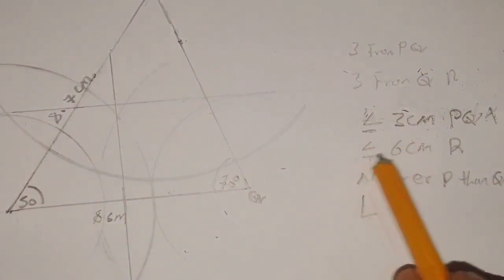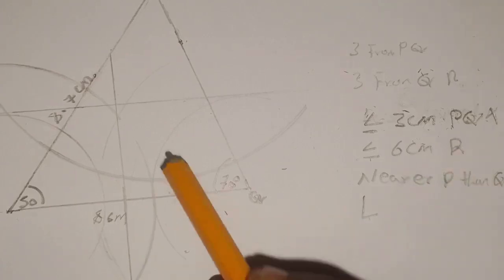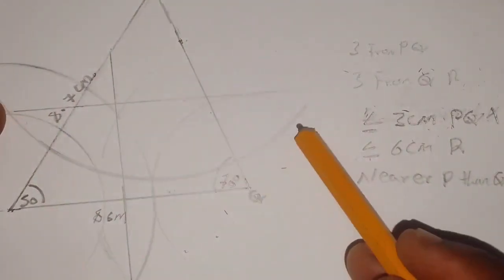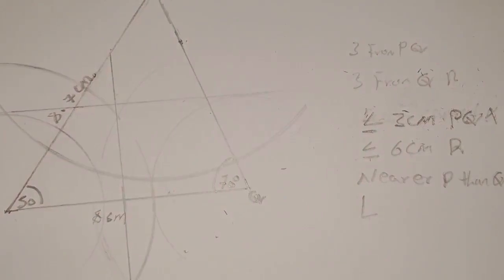Less than or equal to 6 centimeters from R. This line is the one that we drew from R. I even showed you where we proved that this is 6 centimeters.